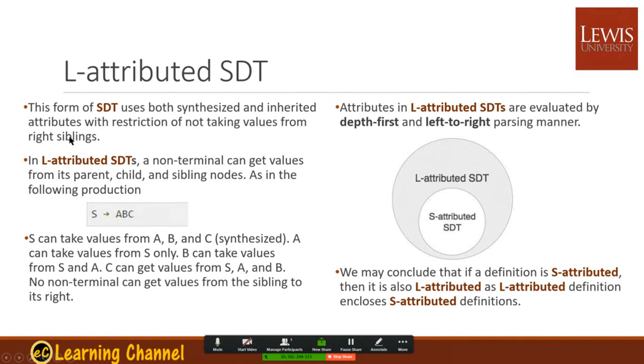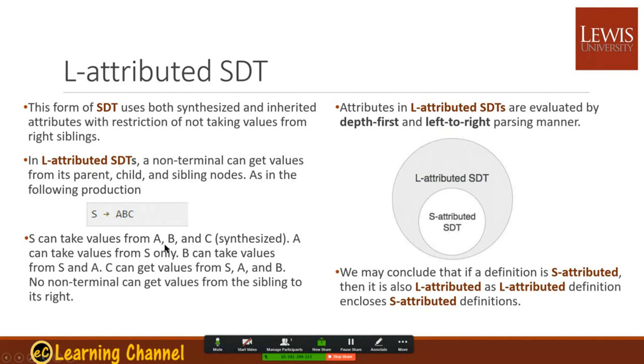So basically, it's more like synthesized, more like inherited. In L attributed SDT, a non-terminal can get value from its parent, child, subtree, and sibling nodes. So it actually includes the S type, but mostly this is because we wanted to have the inherited feature.